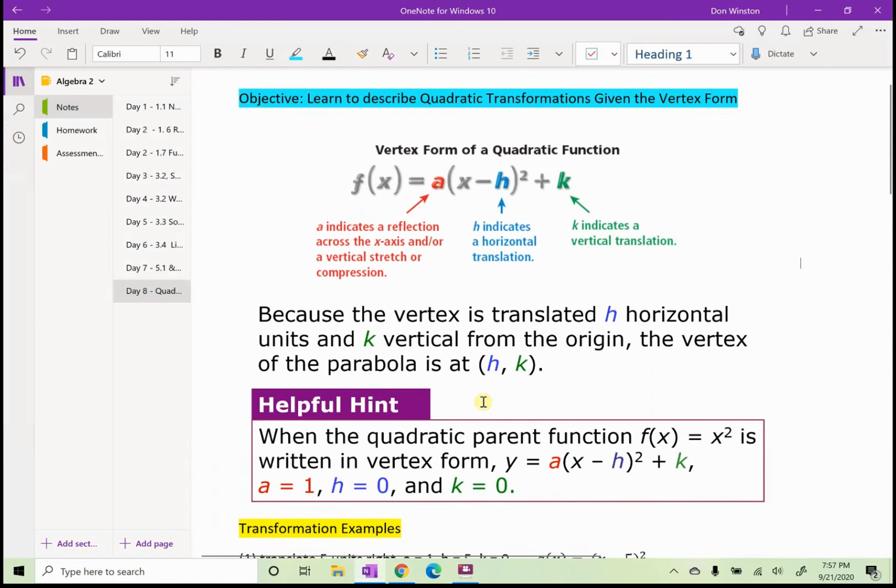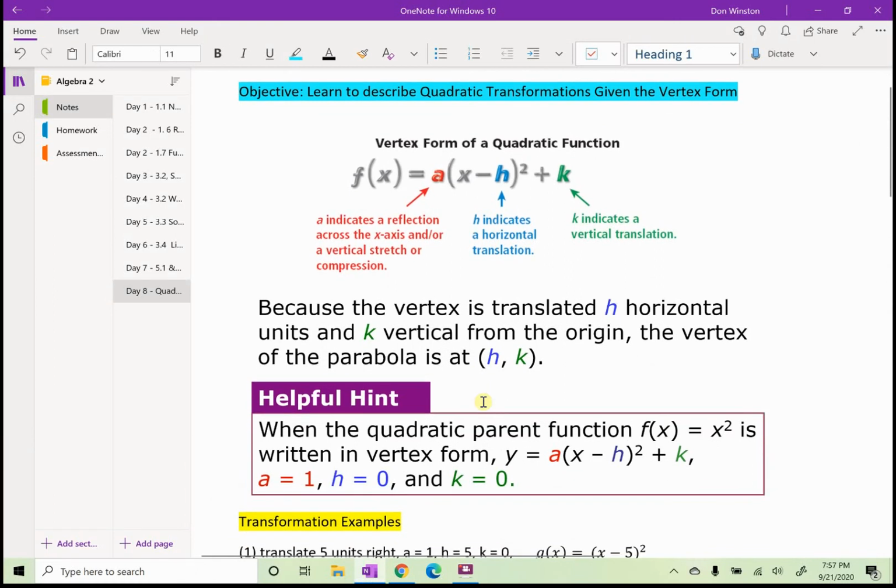Because the vertex is translated h horizontal units and k vertical units from the origin, the vertex of the parabola is (h, k), and we talked about that yesterday. Helpful hint: when the quadratic parent function f of x equals x squared is written in vertex form, y equals a times (x minus h) squared plus k, a is equal to 1, h is equal to 0, and k is equal to 0.